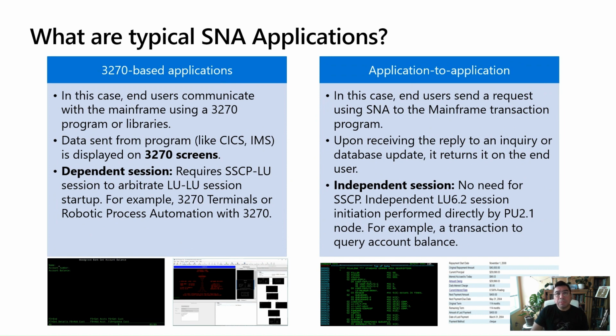These applications communicate via screens, so they have what we call maps, and these maps receive information, they can involve programs behind the scenes, and they get a response back, and then you can define a sequence of screens to achieve a specific goal. And there is also application to application, which is basically the ability that applications have to interact with other applications.